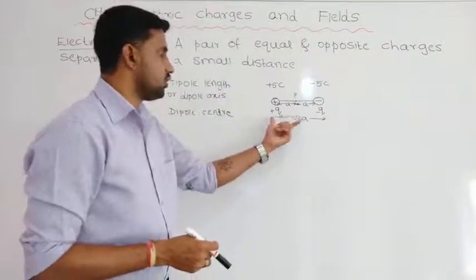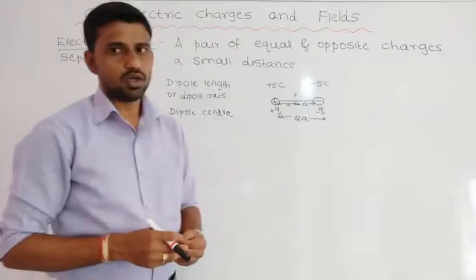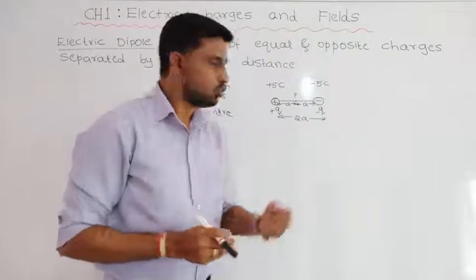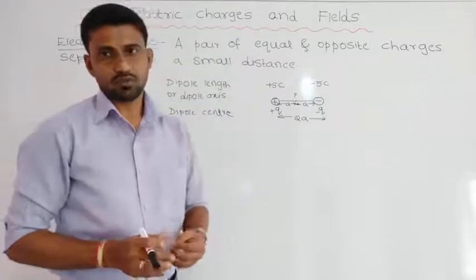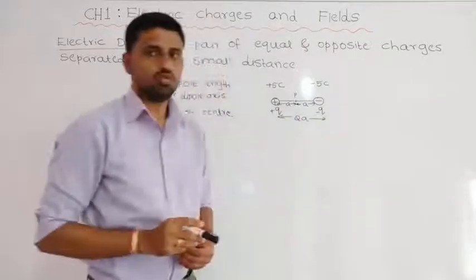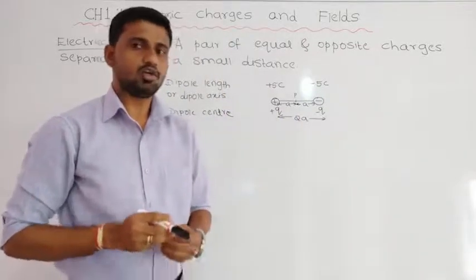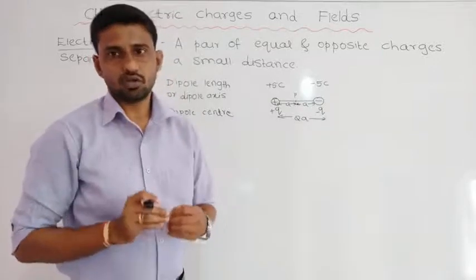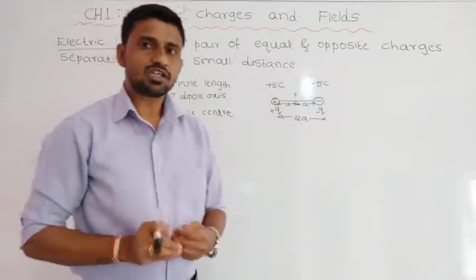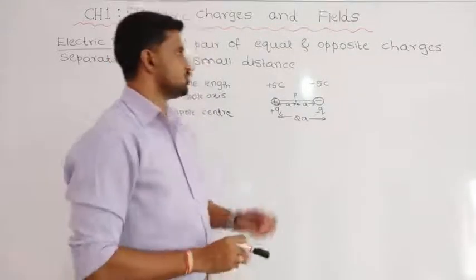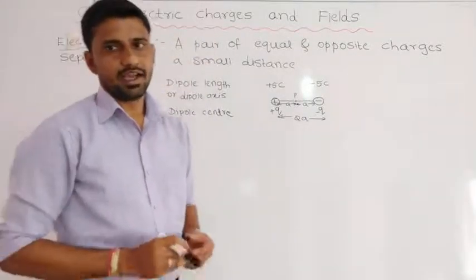Similarly here, the total charge of this electric dipole is 0, but the electric field due to it is not equal to 0, because there is a small distance between these two charges. So the total electric field due to this electric dipole is not equal to 0. Only the total charge is equal to 0. Understood? So that is about the electric dipole.